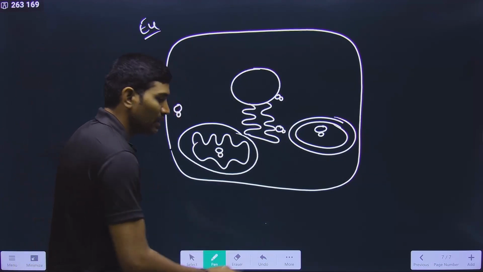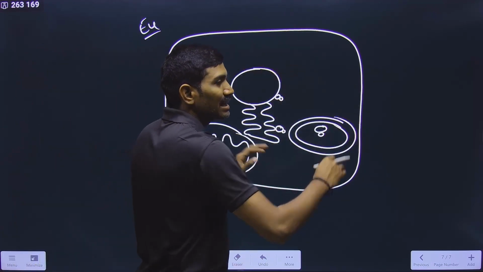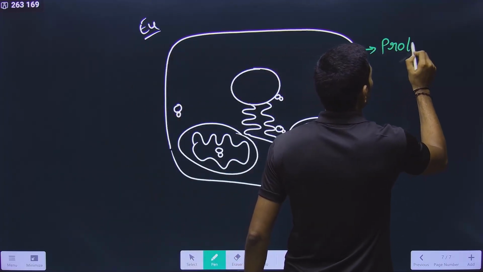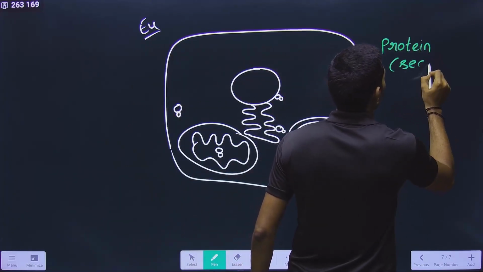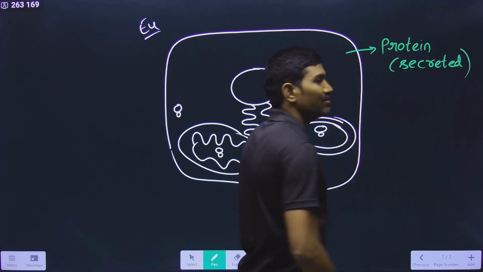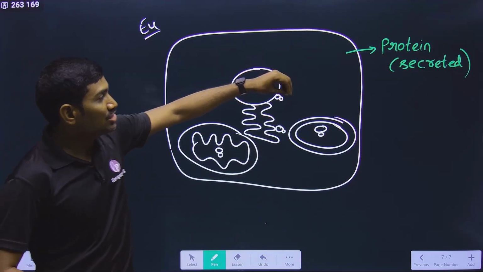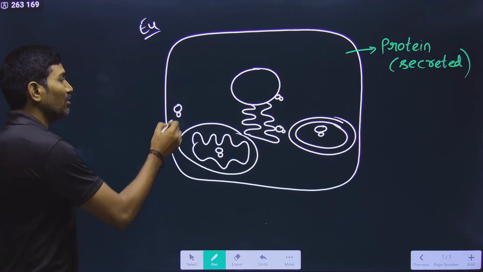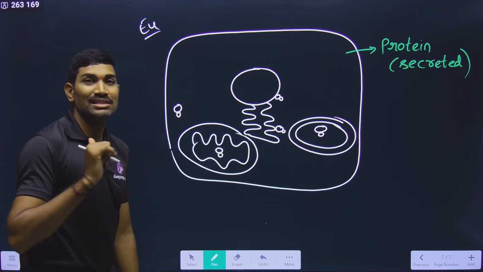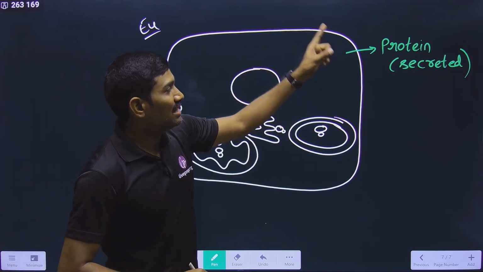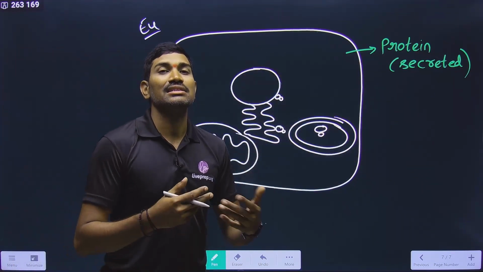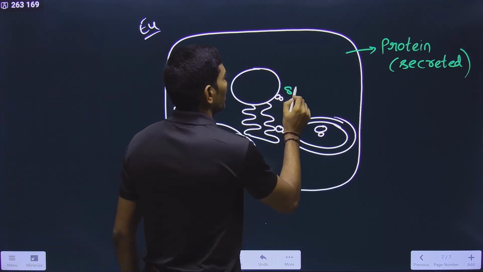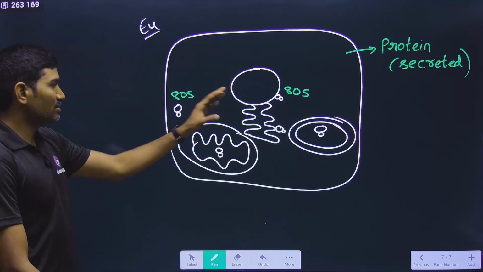Now observe carefully. What are they saying? The cell is actively involved in protein synthesis and secretion. So protein is secreted from the cell. That means a protein is released outside the cell. If a protein is released outside the cell, the question is, which ribosome will synthesize this? I am giving you options. 5 options are there.